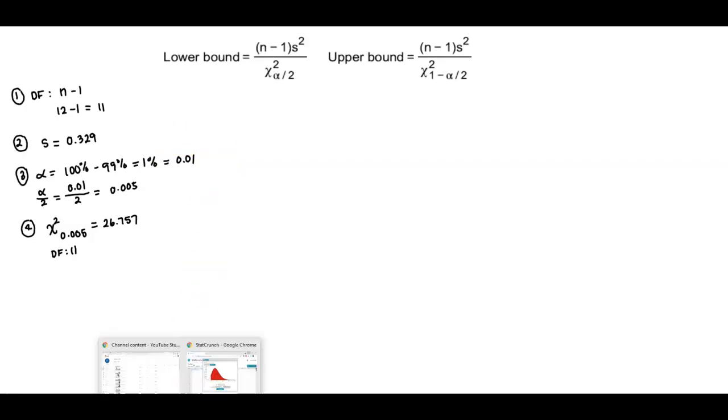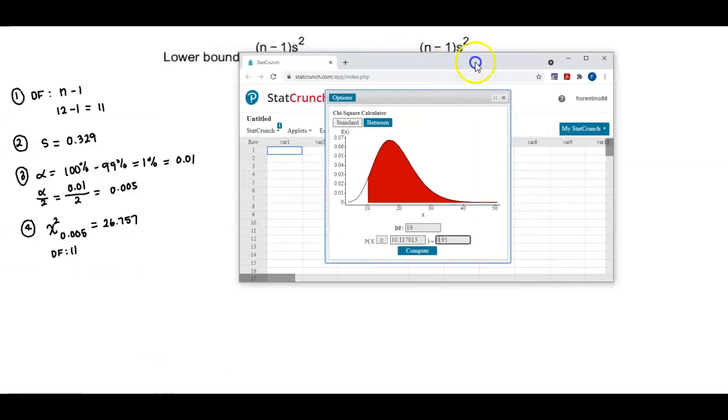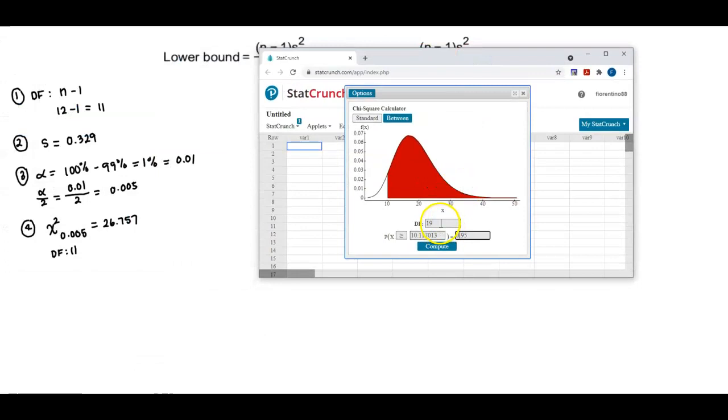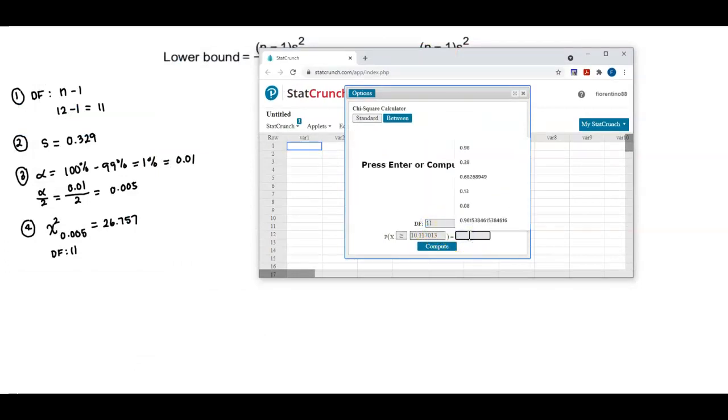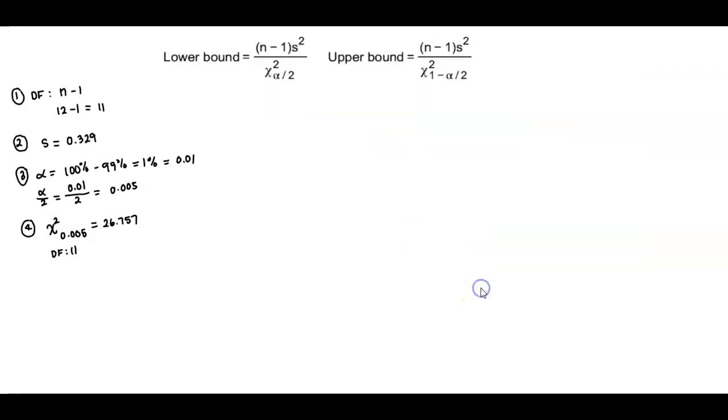If we wanted to use StatCrunch, we're looking for the degrees of freedom, that's 11, and the area of 0.005. And therefore that gives us the same critical value of 26.757.